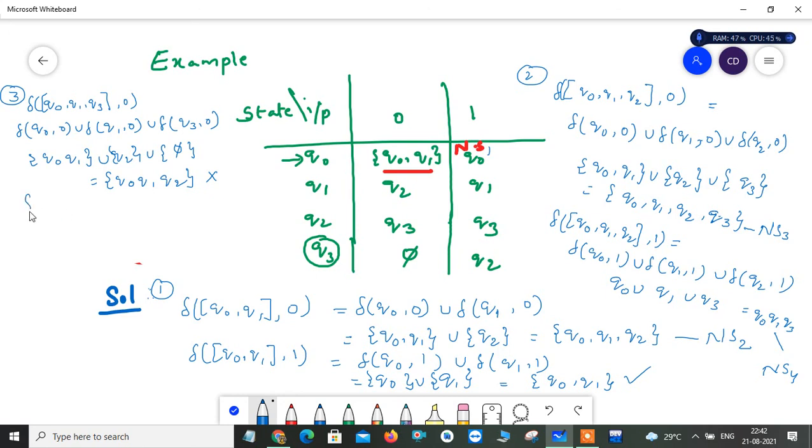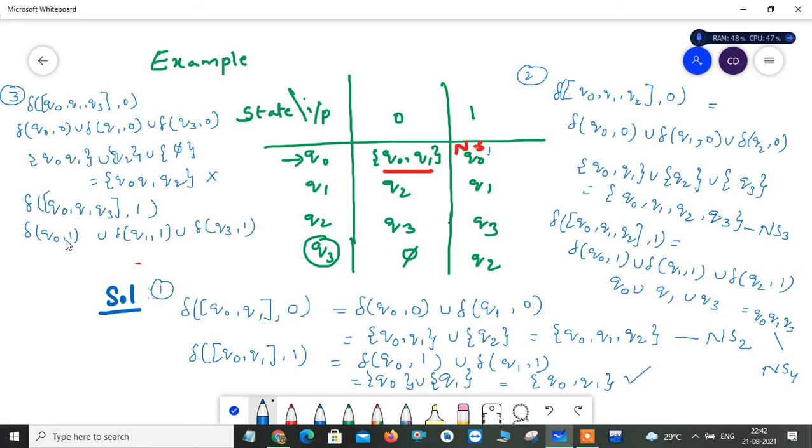Okay, so now you are trying to find the transition for Q0, Q1, Q3 with 1. This is delta Q0 comma 1 union delta Q1 comma 1 union delta Q3 comma 1.